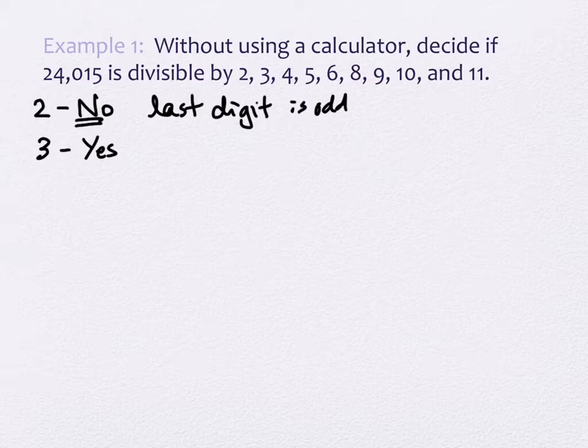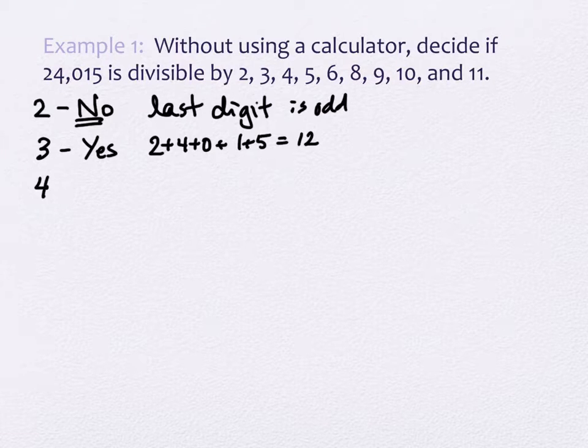How do we decide if something's divisible by 3? So remember the rule for 3 is the summation rule. 2 plus 4 plus 0, I know that's not very exciting, plus 1 plus 5 is actually a total of what, Sally? 12. Yeah, so we want the total sum. Is the sum 12? Is it divisible by 3? Yes. So that means the original number is also divisible by 3.